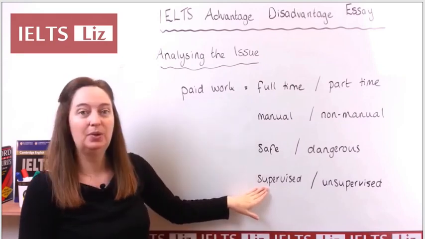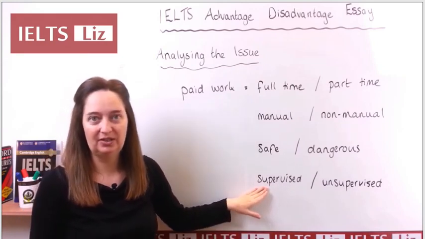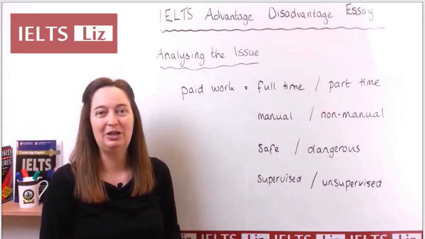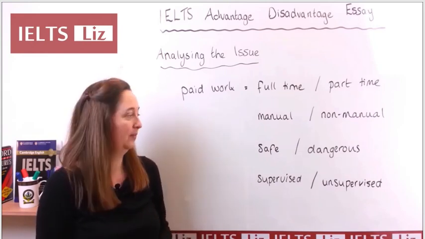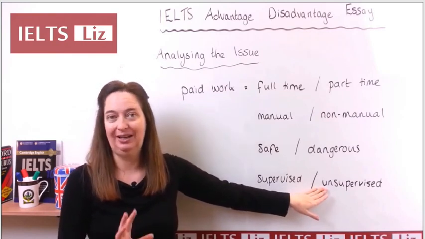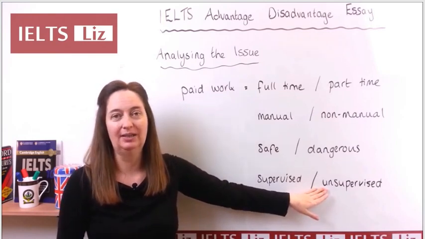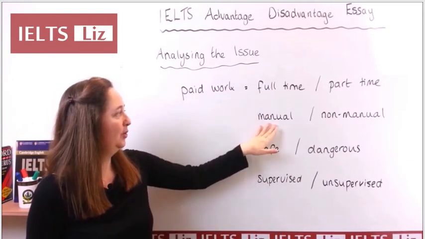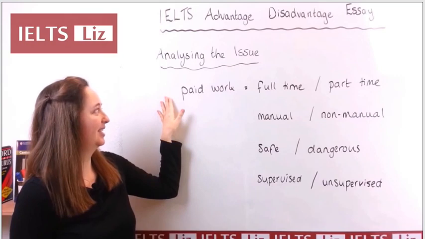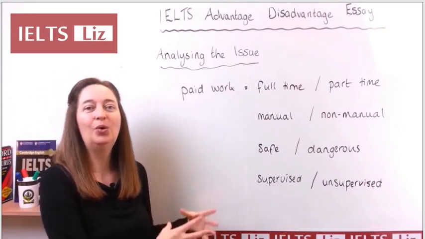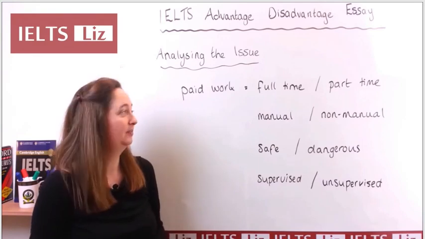The child might be doing paid work that is supervised, so it's under controlled conditions. There's somebody checking to make sure that the conditions are safe. Or it might be unsupervised, where nobody is checking the conditions that the child is working in. So you can see that if IELTS use one of these words and talk about children doing manual paid work, all the ideas for our essay will change.